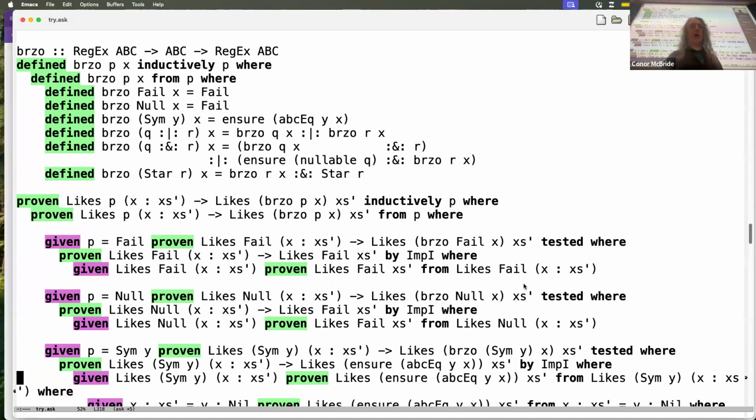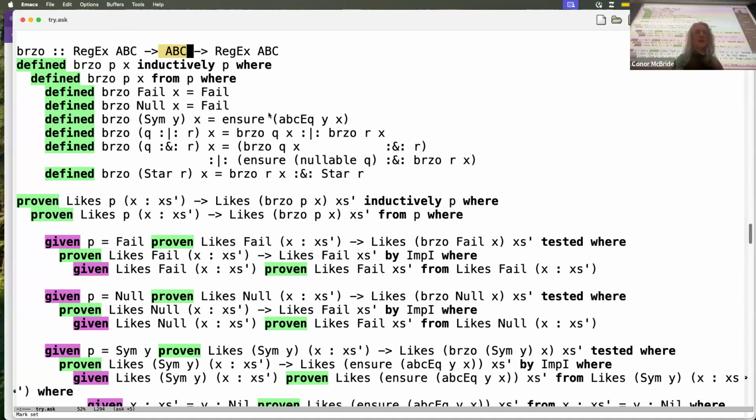So if you remember, the idea is that given a regular expression and the first symbol in the input, we want to compute the regular expression that the rest of the input has to match if the whole of the input, including the first character, is to match the regular expression you first thought of.